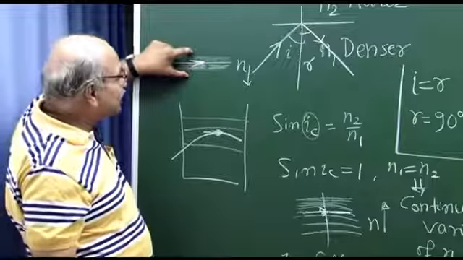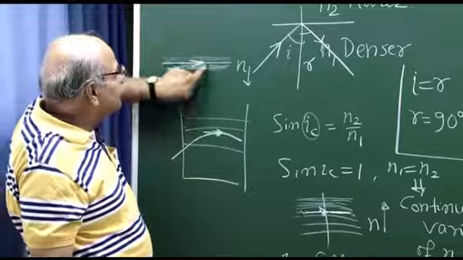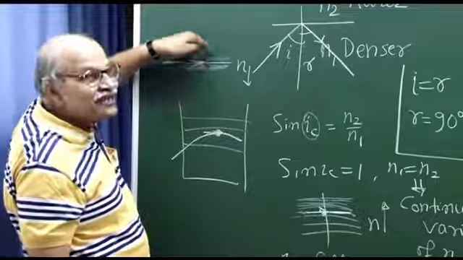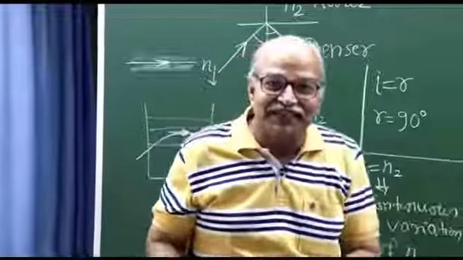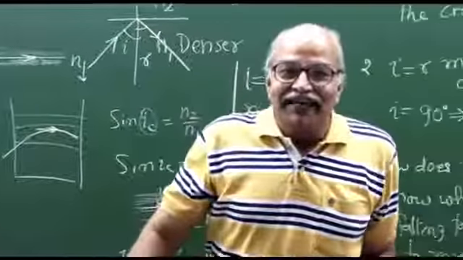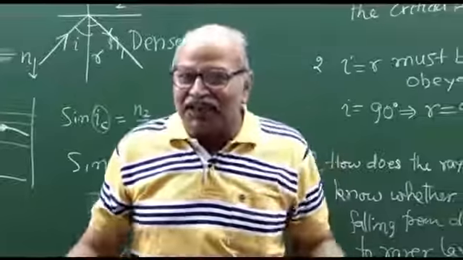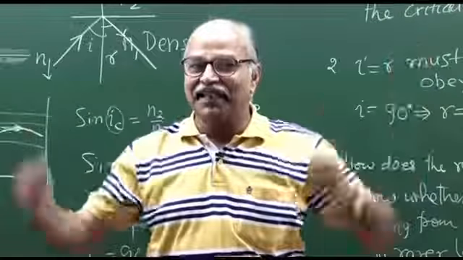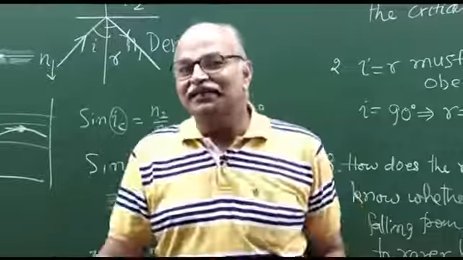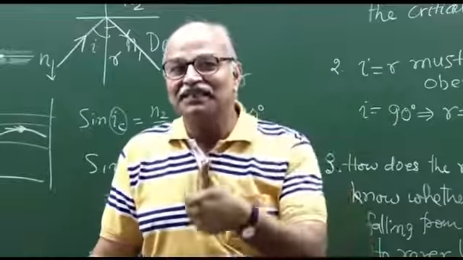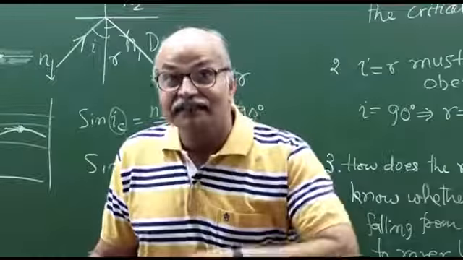And in this situation, you cannot say whether it is falling from here to here or from here to here. So please think on these questions and work out if you can do away with the reflection hypothesis, and can you explain that bending purely on the basis of refraction and the Snell's law.